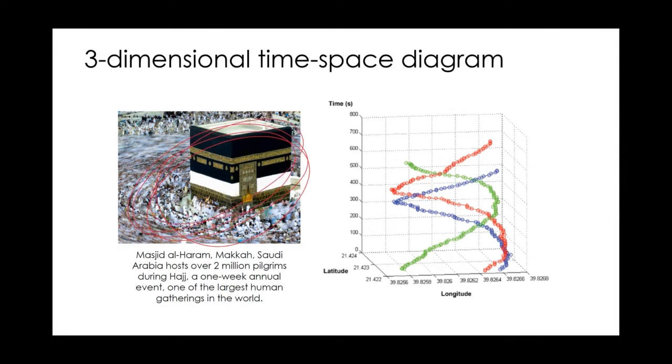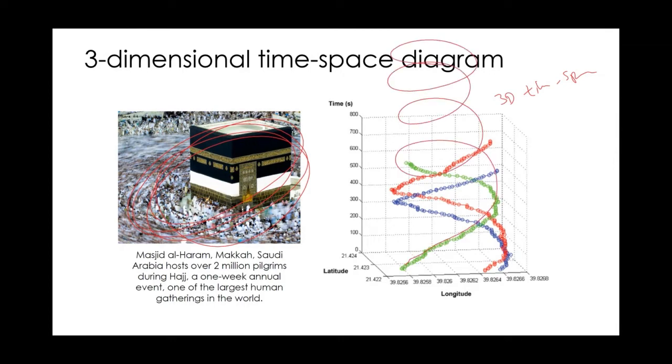From some of our colleagues in Saudi Arabia, we were able to get some GPS data that some of these pilgrims were carrying. And if we look at this GPS data and plot it in a 3D time space diagram, we could see that these trajectories are actually doing a spiral movement.